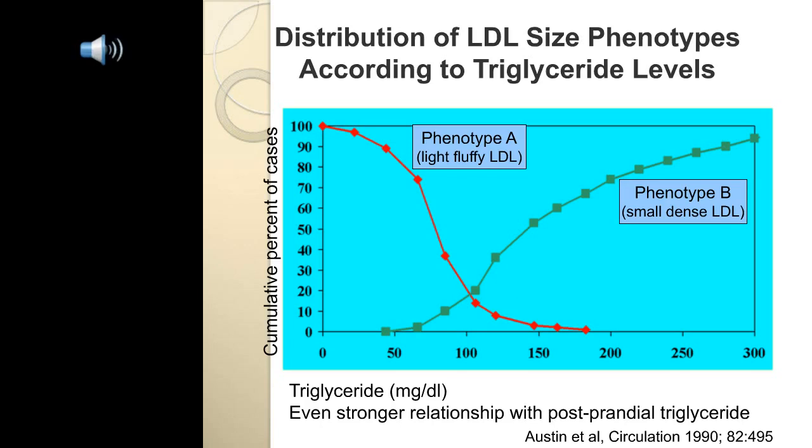In many ways, LDL particle size may just represent a surrogate for triglyceride, and the relationship between LDL particle size and triglyceride is particularly strong if you look at the postprandial triglyceride levels as a predictor of LDL particle size.